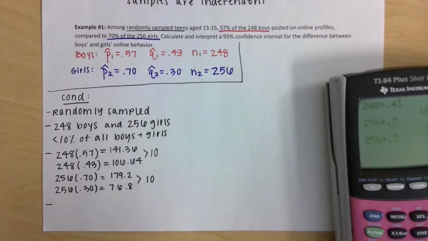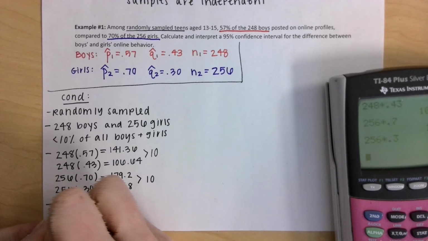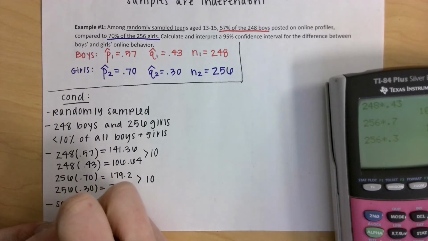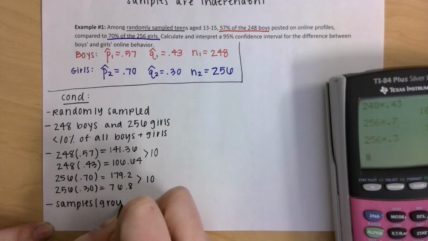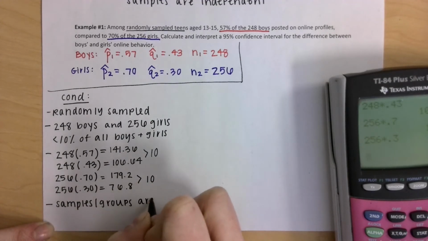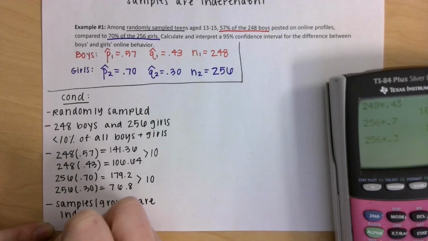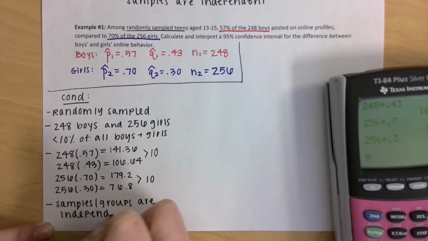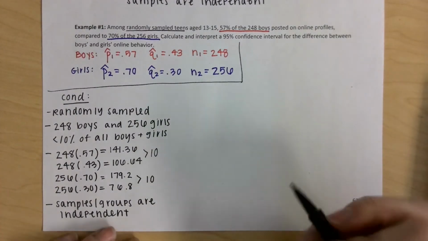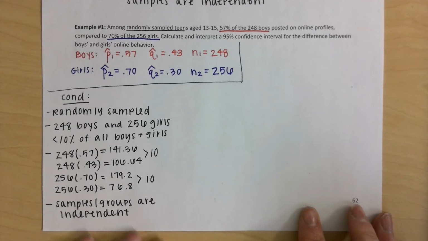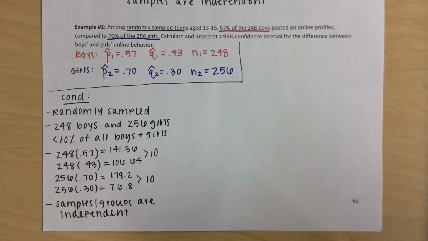I can't be in both of these categories. I can't be in the boys and the girls category. So I definitely think that my samples, or I sometimes just say groups, are independent. Cannot be in both groups. Okay, conditions are met, so we can move on to finding that confidence interval.